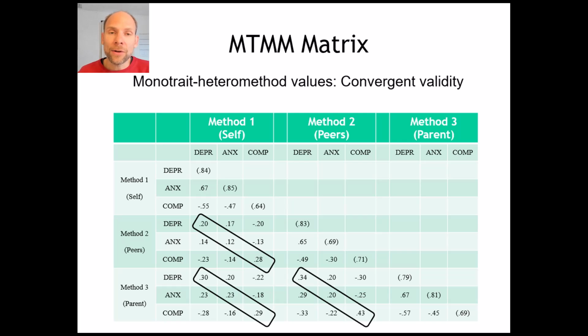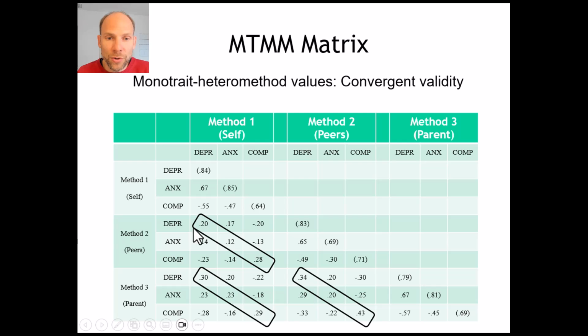So those are the correlations between the same traits measured by different raters. And those are the ones that indicate convergent validity in an MTMM matrix, because they show us how the ratings for the same construct or trait are related across raters. So whether, for example, peer and self-reports agree with regard to depression.